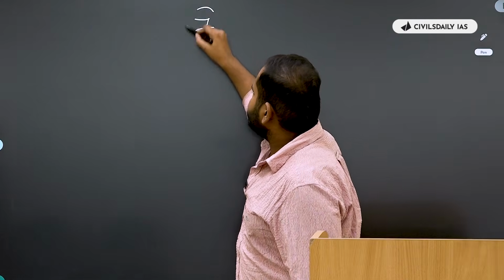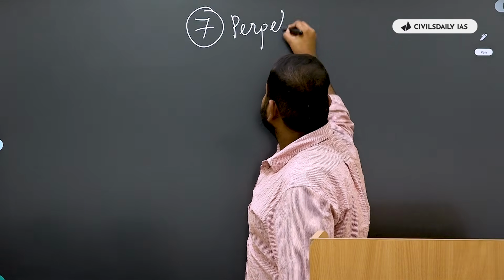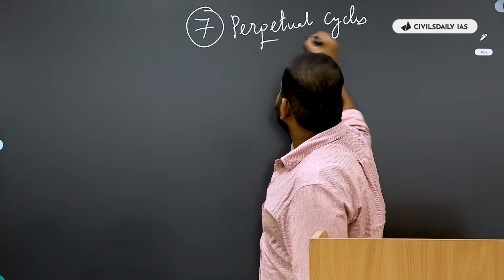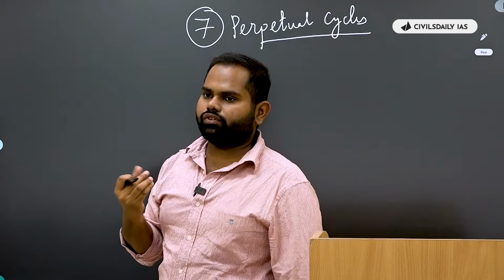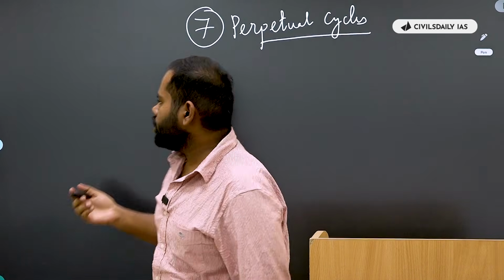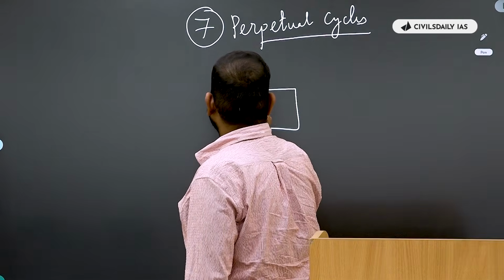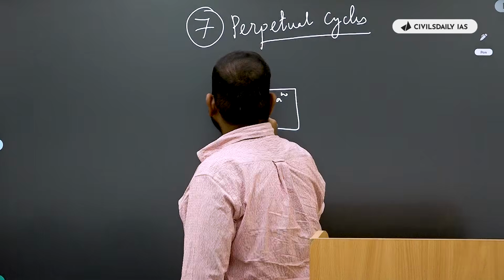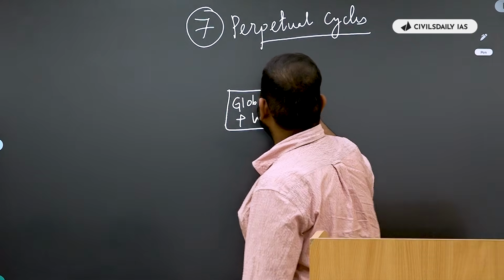The seventh philosophy here is about when there's a perpetual cycle. So let's say we are talking about effect of globalization on women. So we have something at the center, globalization plus women. What we show is two parts of it.